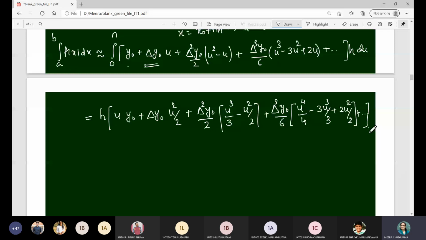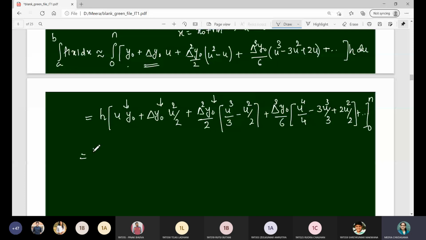So you can see that when we substitute u is equal to n, we will have these quantities, minus, when we consider u is equal to 0, all these terms will be 0 and hence cancelled out. So let us substitute u is equal to n in this case.